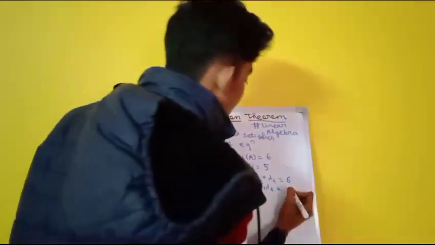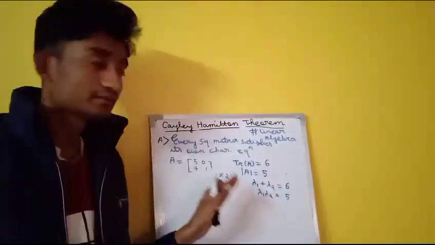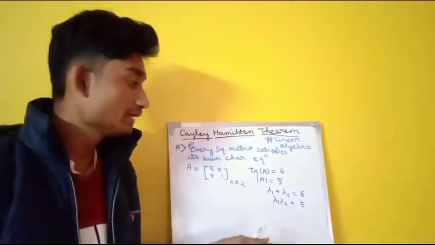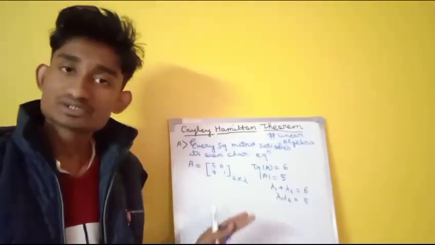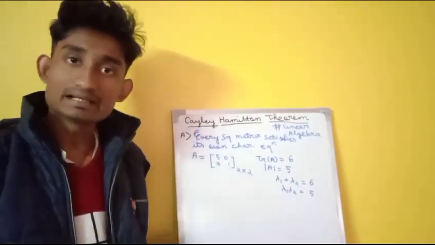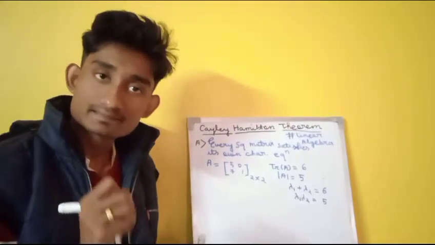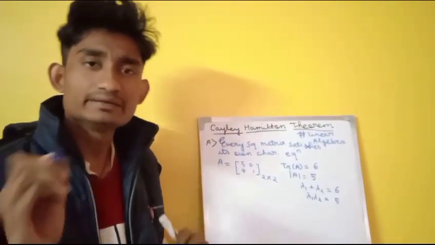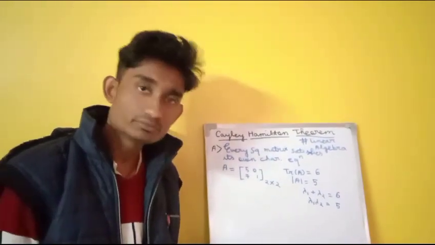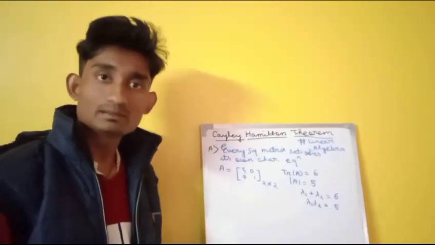So if the sum of roots is 6 and the product of roots is 5, let's get the quadratic equation of these roots. You can find this quadratic equation by x square minus sum of roots into x plus product of roots equals 0, from your basic 10th level class.